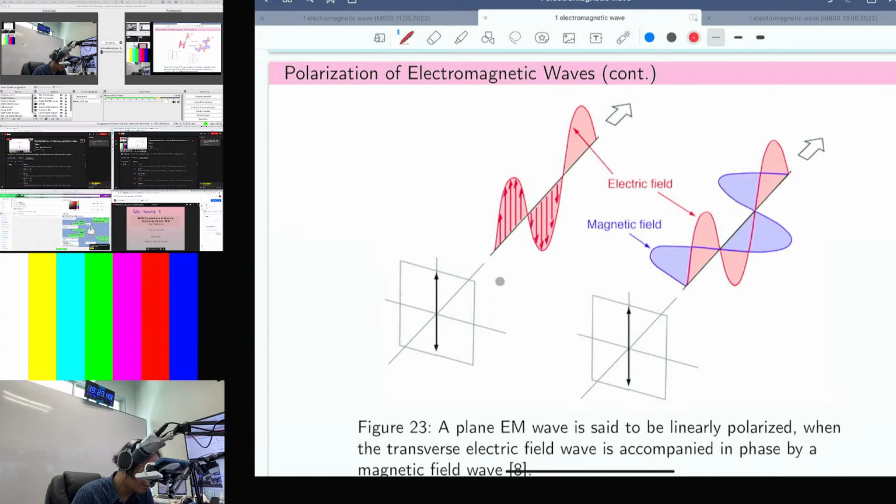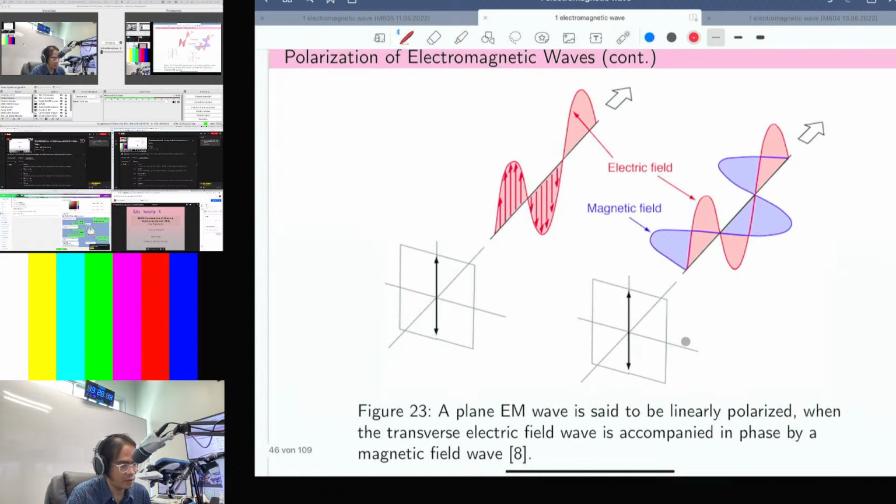Okay, here you can see that there is fluctuation of the electric field in a vertical way, right? The fluctuation takes place along the y-axis, going up and going down, right? That's what we have seen before, right? That's the typical way of the electromagnetic wave at the beginning.